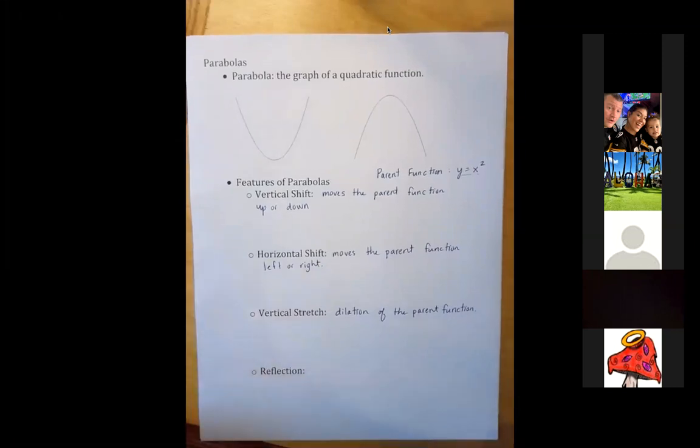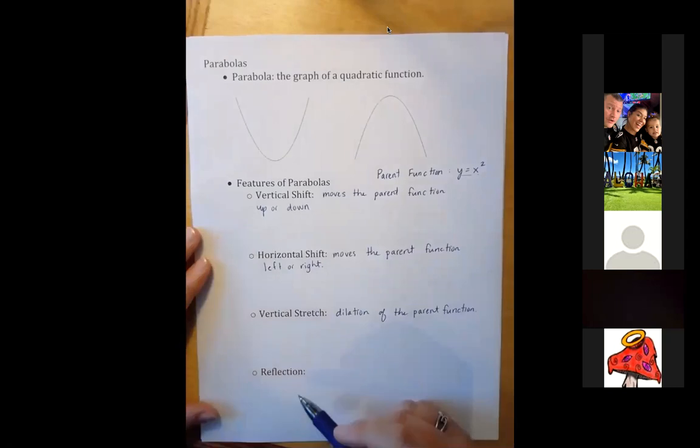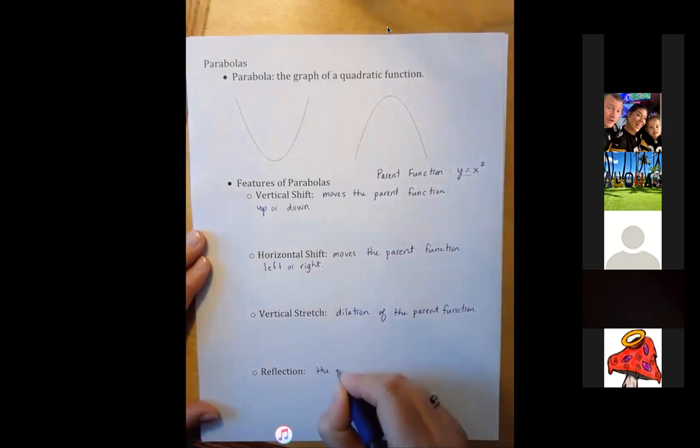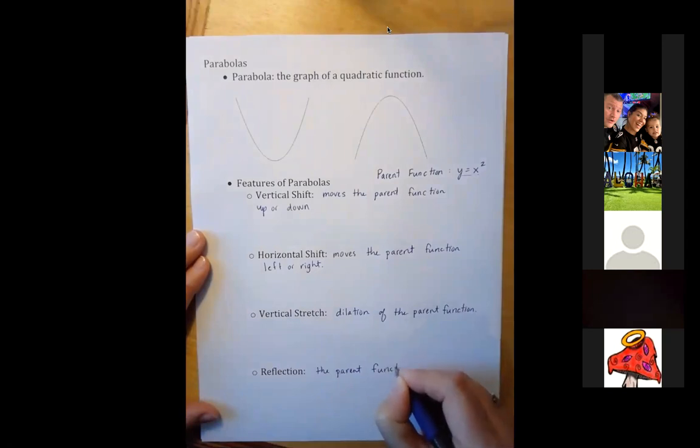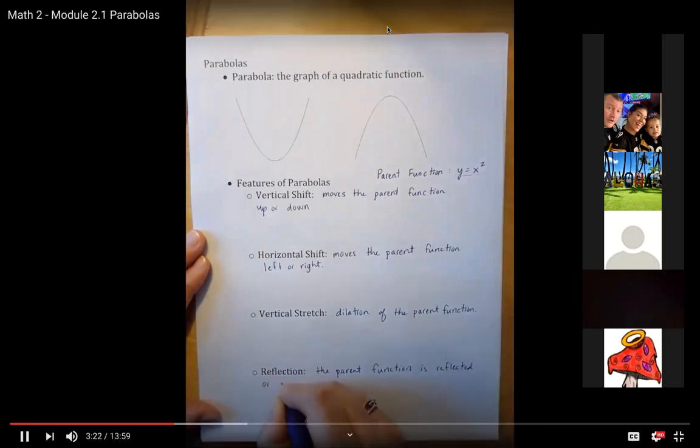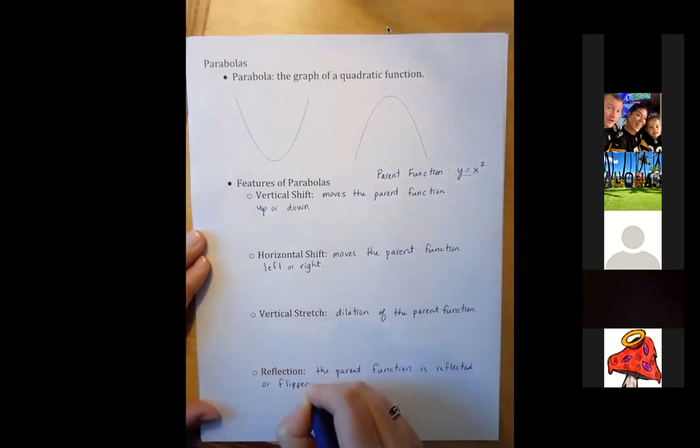transformation that occurs for a parabola from the parent function is a reflection. And a reflection occurs when the parent function is reflected or flipped over a line.